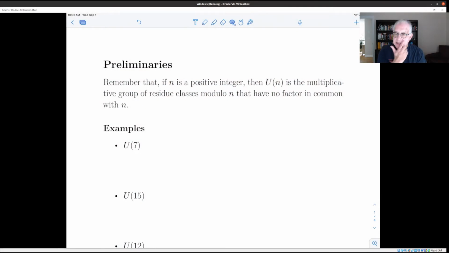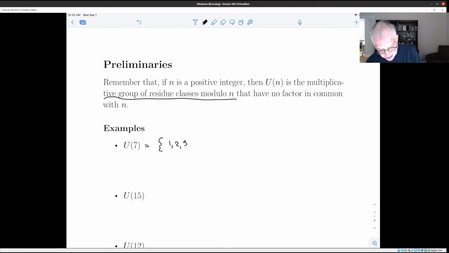So before we can state the results, we need a little bit of preliminary work because both Euler's and Fermat's theorems are statements about the group U of n, which is the multiplicative group of residue classes mod n which have no factor in common with n. Just to remind you, for example, the group U of 7 consists of the elements 1, 2, 3, 4, 5, and 6.